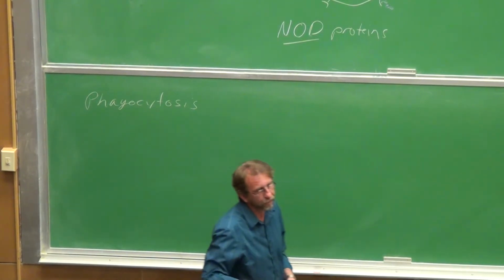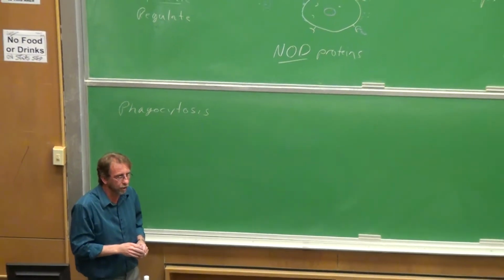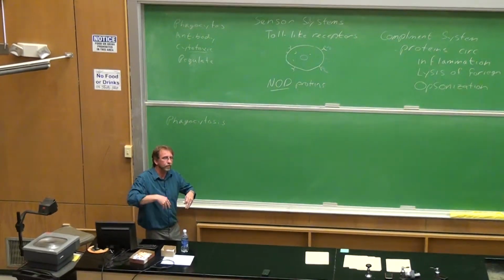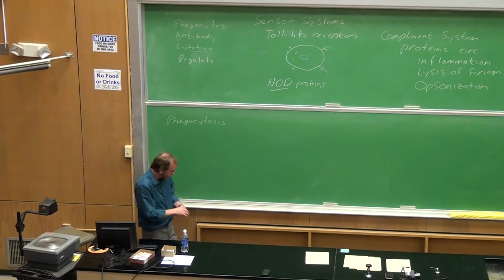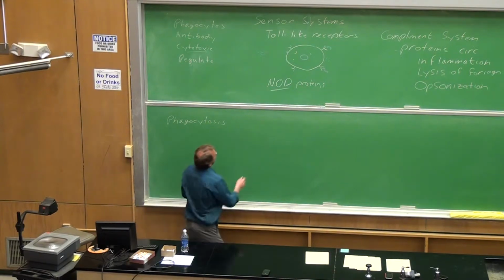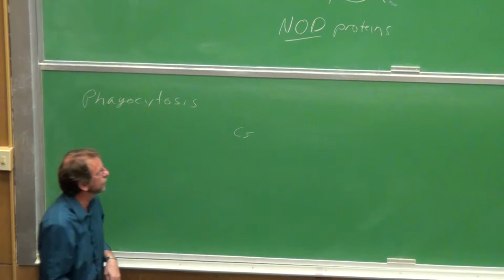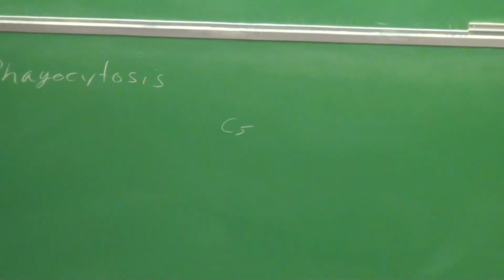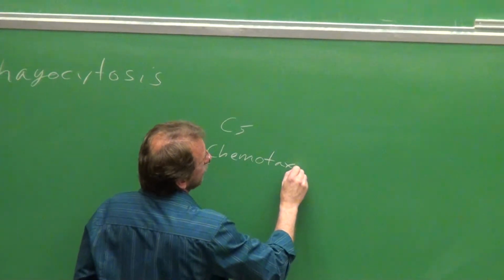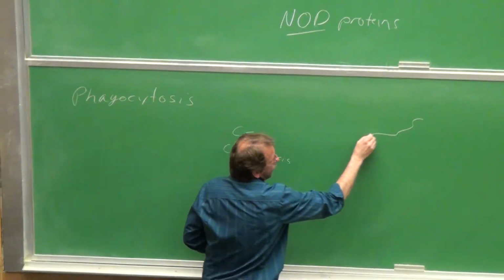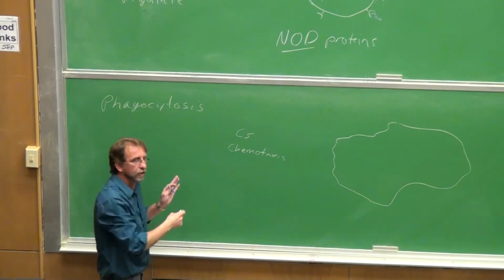Other things that can happen if cells have been damaged or there's other chemicals being released, you could have your complement system turned on, and so you can have a cascade of complement here. And one of the things with that is the release into the chemical environment of complement 5. Complement 5 kind of serves as a chemical for chemotaxis, and it's going to bring our macrophage to the area.